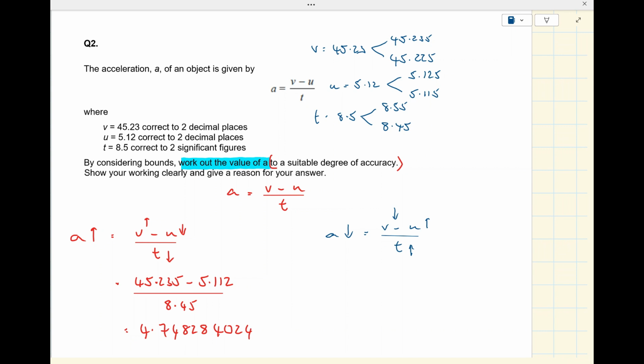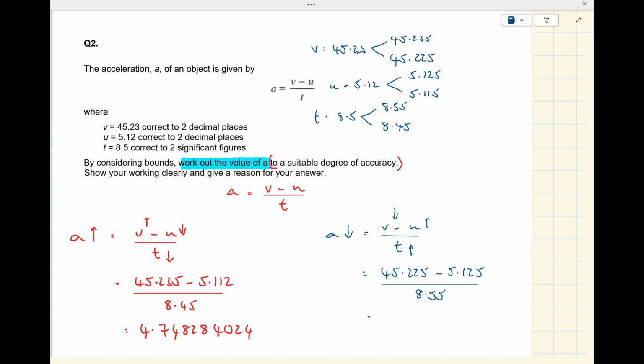Great. Now let's work out the lower bound of A. So I'm going to have the lowest V, 45.225, minus the highest U, 5.125, all divided by the highest possible T, 8.55.